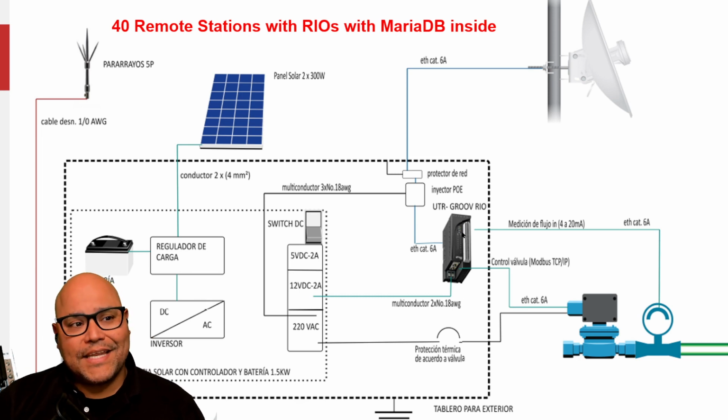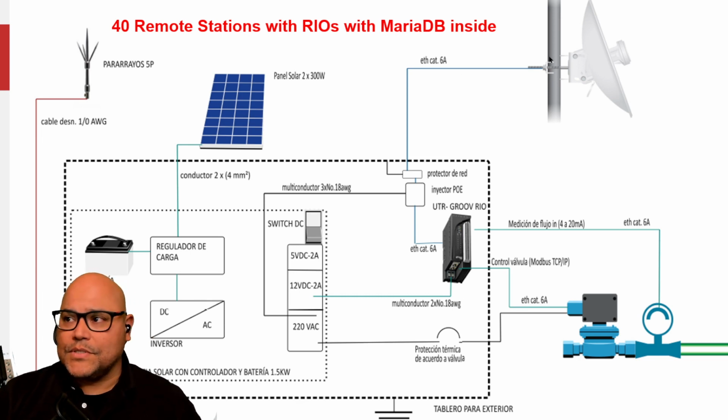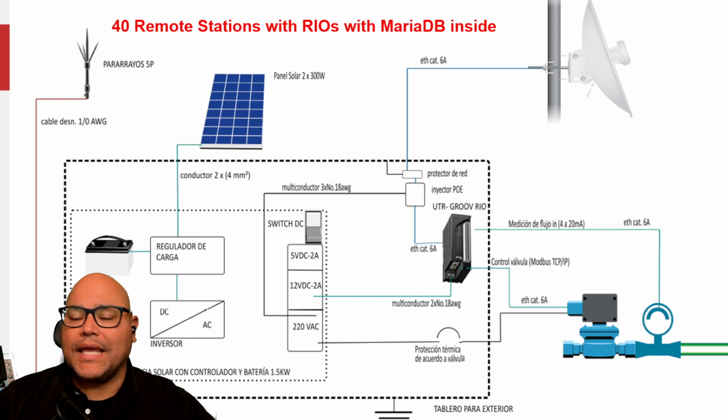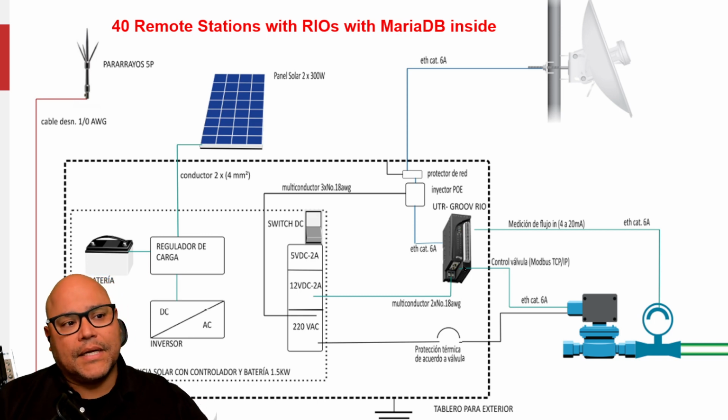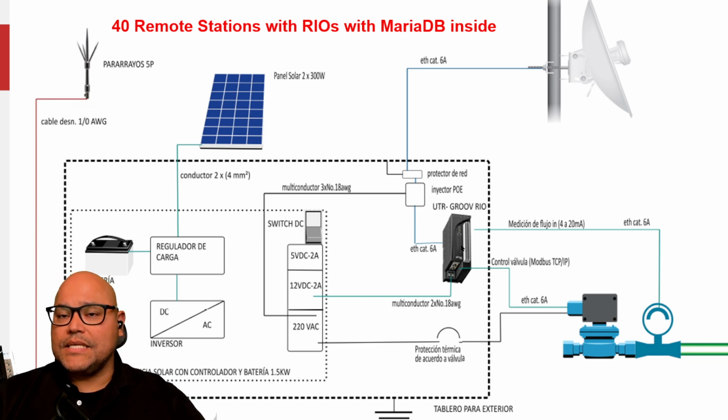And what's fascinating about this connection, besides, of course, it communicating wirelessly to wireless Ethernet radios, is that inside this unit, because the Rios are Linux PCs at the end of the day, we have a MariaDB database integrated into this system.